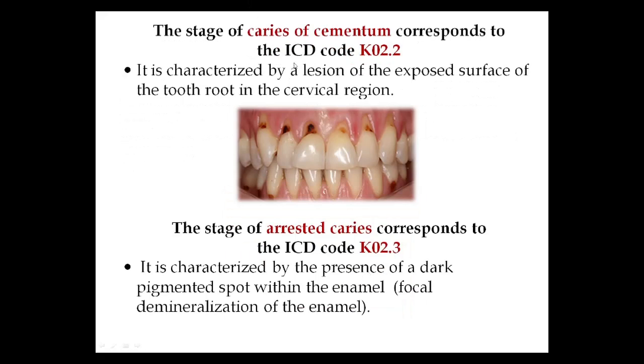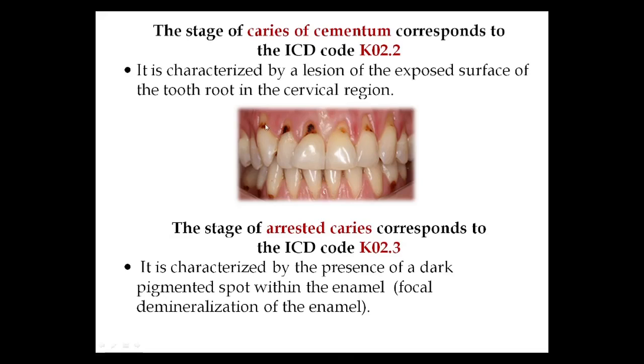And next code, K02.2, the stage of caries of cementum, corresponds to code K02.2 according to ICD. It's characterized by a lesion of the exposed surface of the tooth root in the cervical region, where the cementum covers the root.